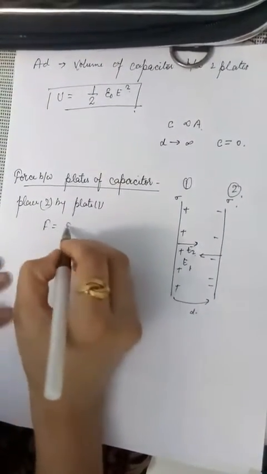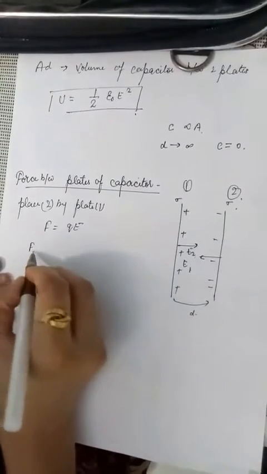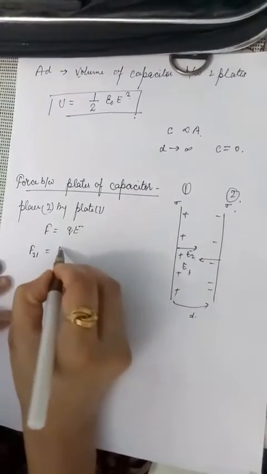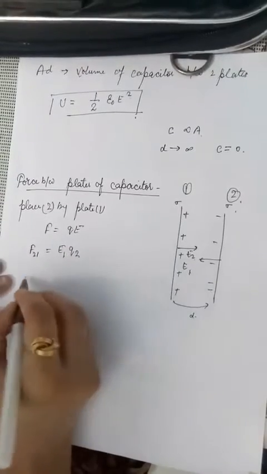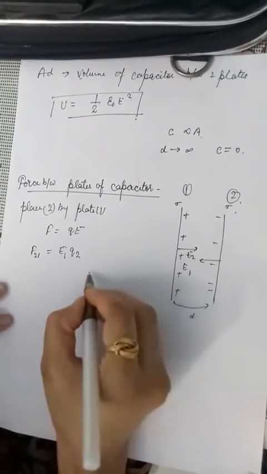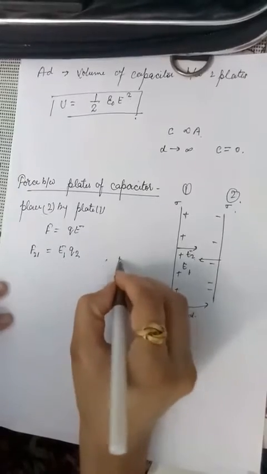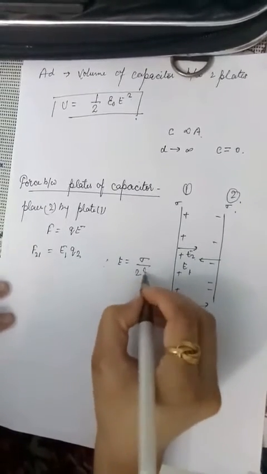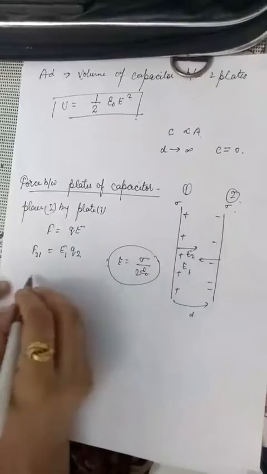As we know, F is equal to QE. So F21 is equal to E1 Q2. We will put the value of E as sigma over 2 epsilon naught.